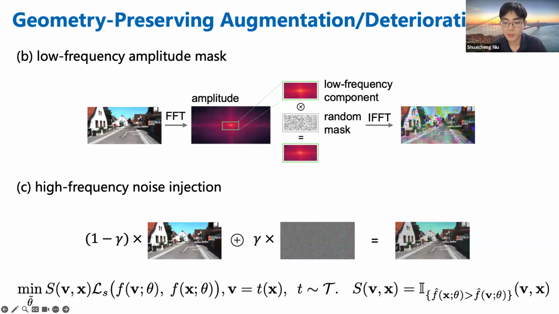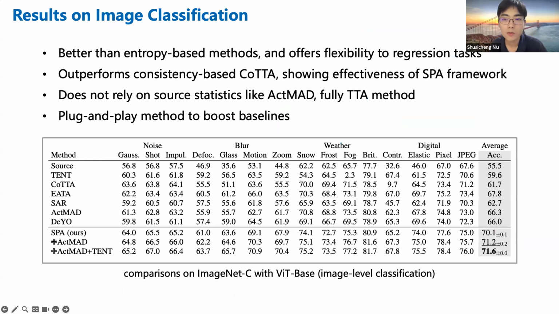Next, we see some experiments. The first results are on image level classification. Firstly, compared to entropy-based methods such as Tent, ETA, and SAR, SPI achieves the best performance, and SPI also offers the flexibility to handle regression tasks, while the entropy-based objectives cannot.